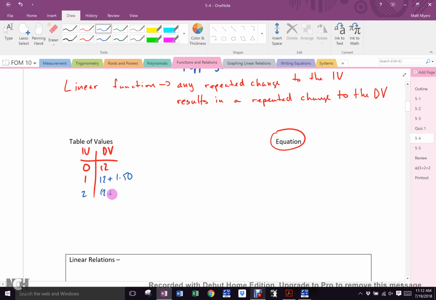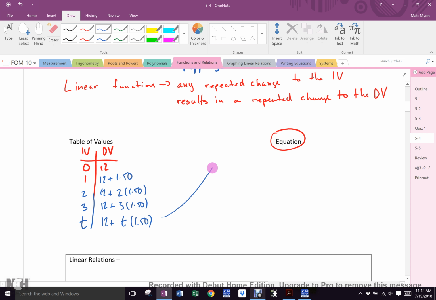Yep. And now I am paying how many 1.50s? 2 times 1.50. When I have 3 toppings, what do I pay? 12 plus 3 1.50s. What if I have T toppings? 12 plus T times 1.50.